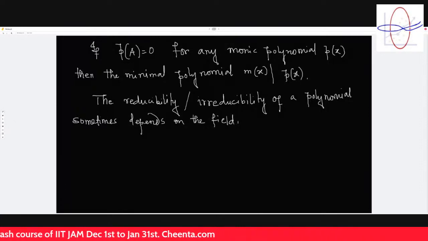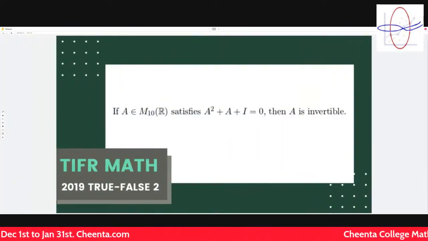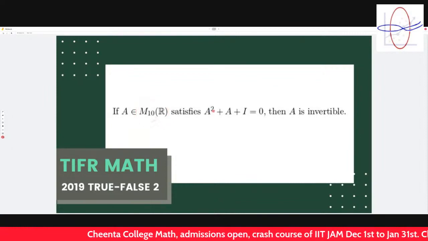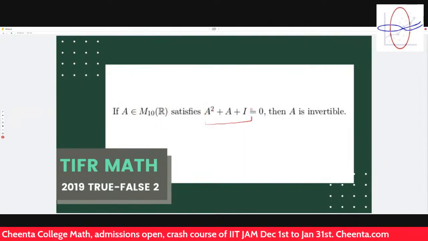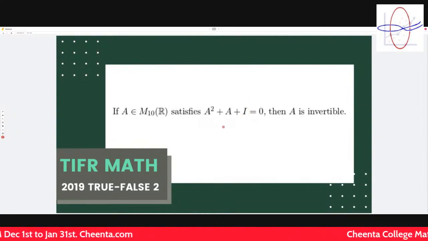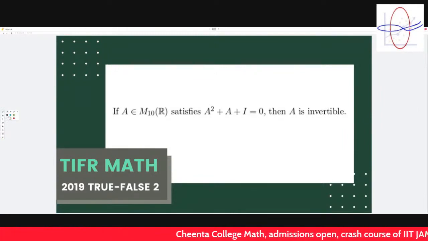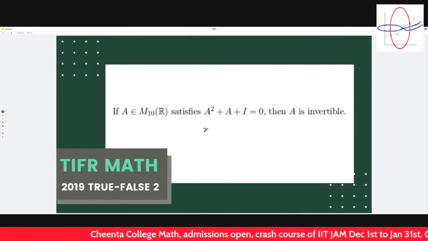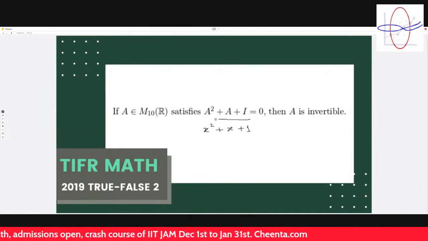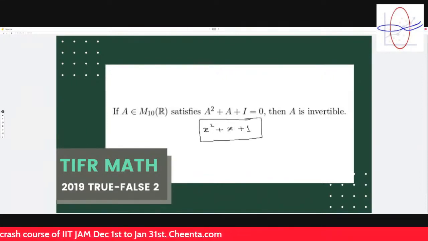Here you can see that you have been given M10R, so we are taking it as a real vector space, right? Now take the polynomial x square plus x plus 1. This has roots omega and omega square, right?